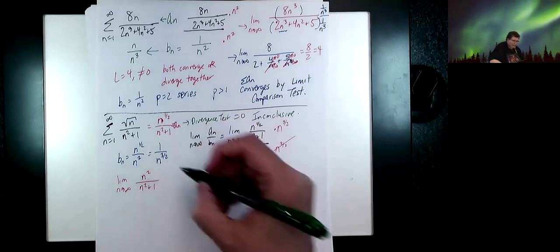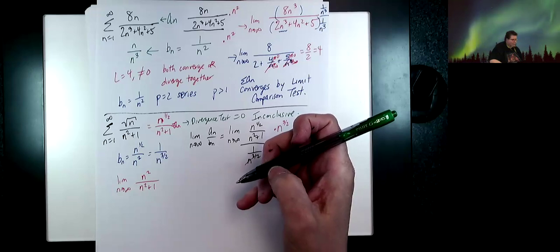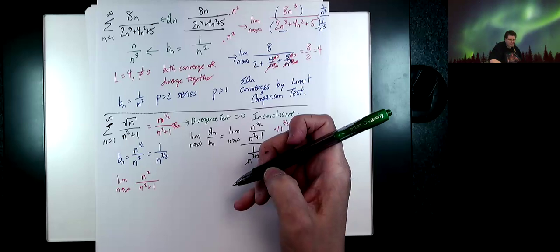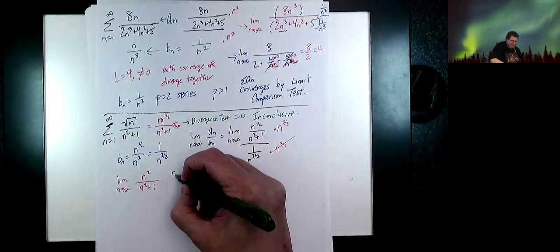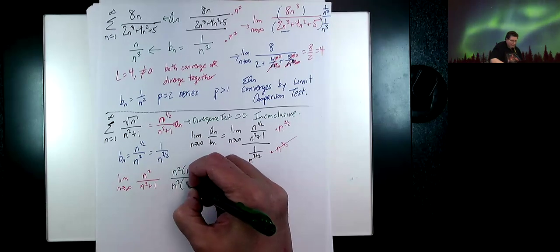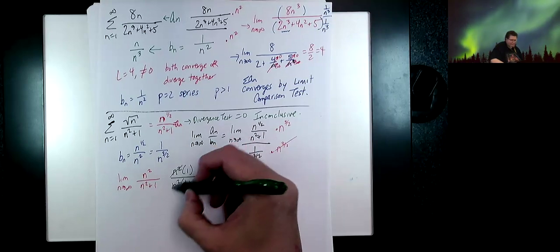We multiply. I've been multiplying by 1 over the largest term on bottom. There's another way of thinking about that. That's the same as factoring out an n squared on bottom, top and bottom, and then canceling them.